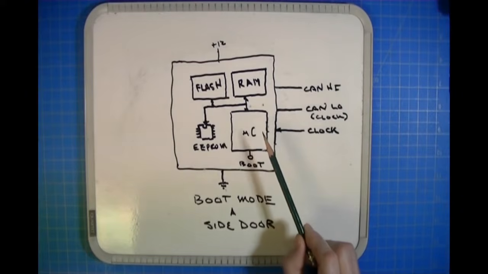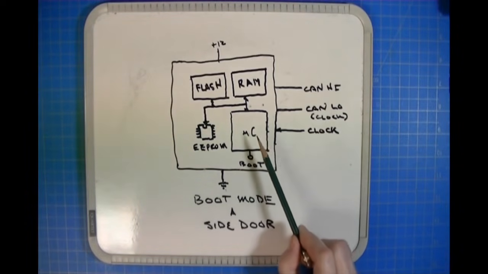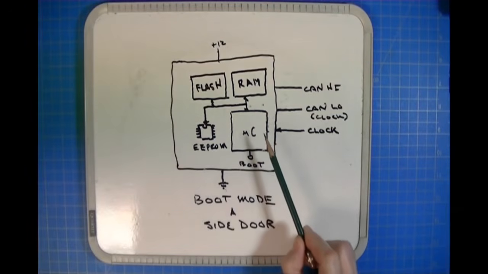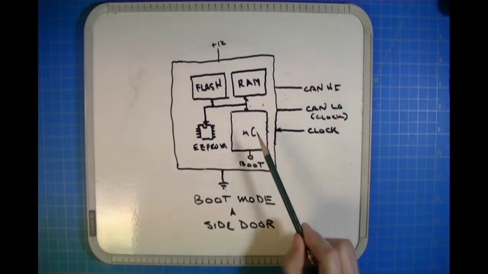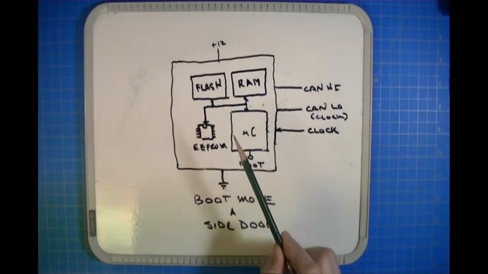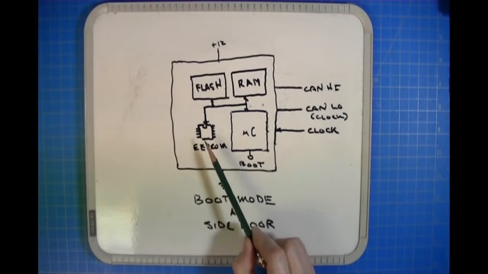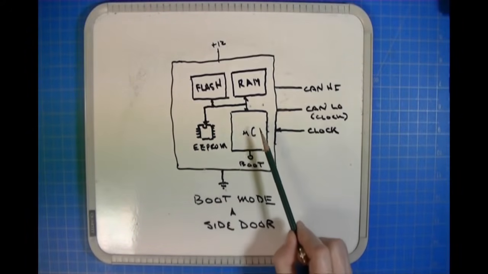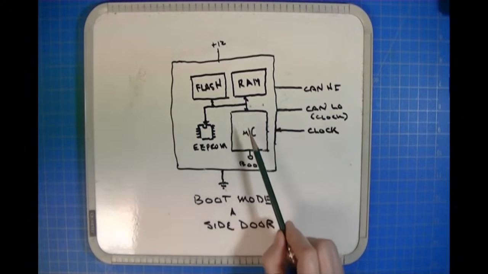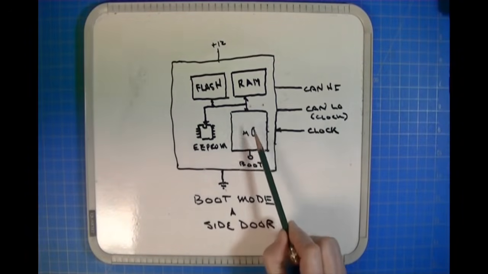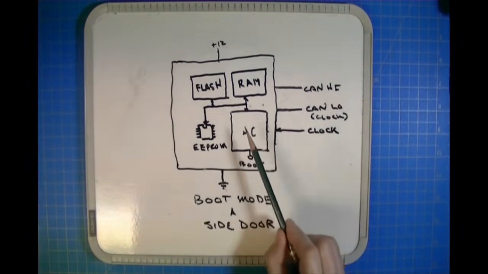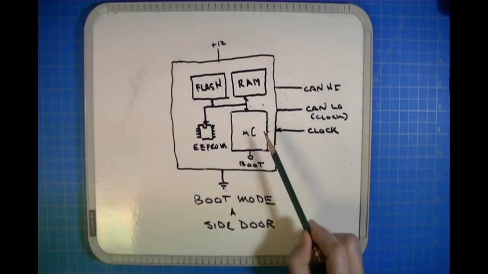But the point is, an external program was written, and the purpose of that program is to allow direct control of flash reading, flash programming, EEPROM reading, EEPROM programming, manipulation of I/O bits to control whatever they would choose to exercise. But the way that it is entered into RAM is through the boot mode.